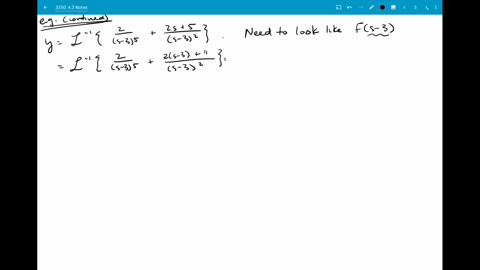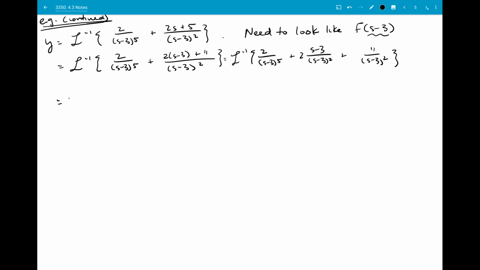So what we'll do first is break it up inside. L inverse of 2 over s minus 3 to the 5th plus 2 times s minus 3 over s minus 3 squared plus 11 over s minus 3 squared. And in our next step, we're going to cancel out that.